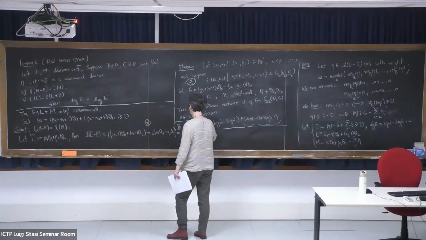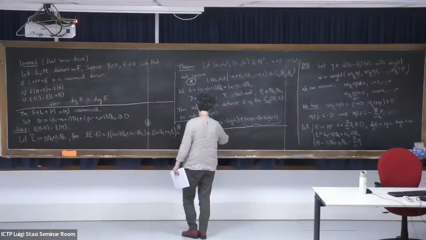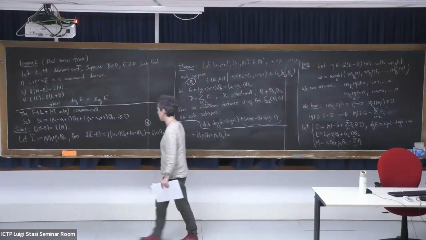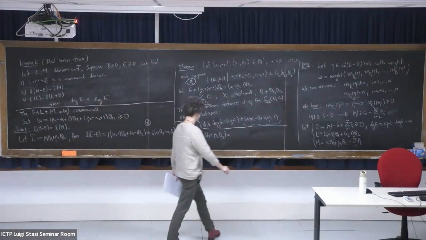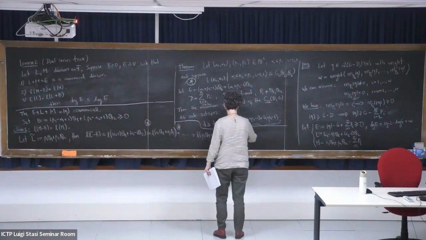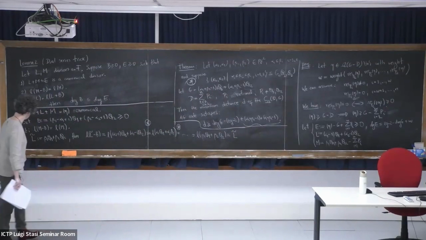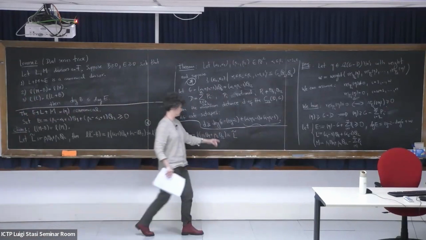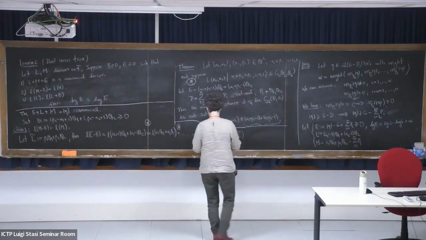So you can do this till you get to beta 1 Q1 plus beta 2 Q2. And who was this guy? Yeah, this guy was L tilde. Right? So we have that for L tilde, this dimension is equal to the dimension of L tilde. Okay?